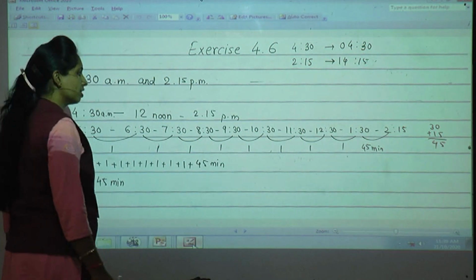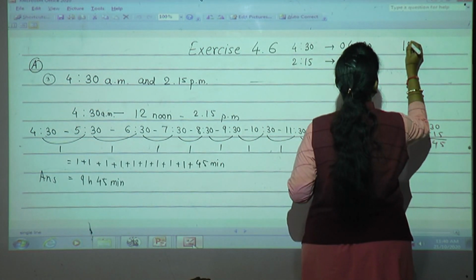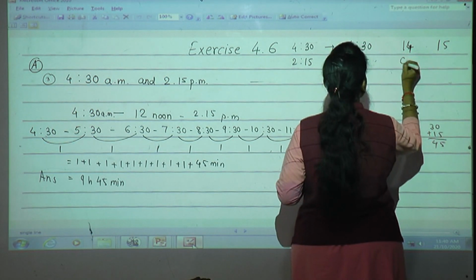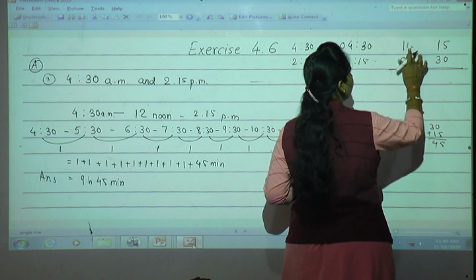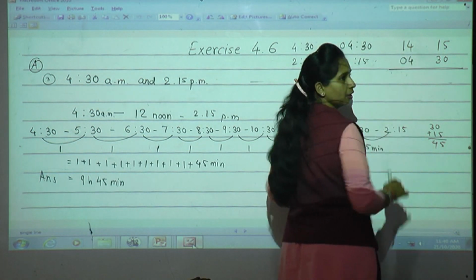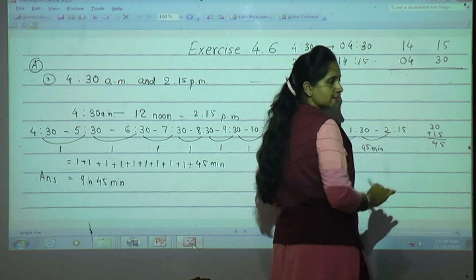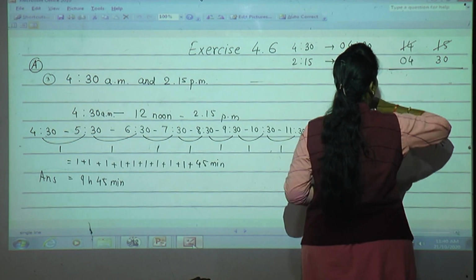We have to subtract the smaller from the greater. So right here, 14:15 and 4:30. Now 15 minus 30 we can't do, isn't it? So for that what do we have to do? Yes, we have to borrow from 14.